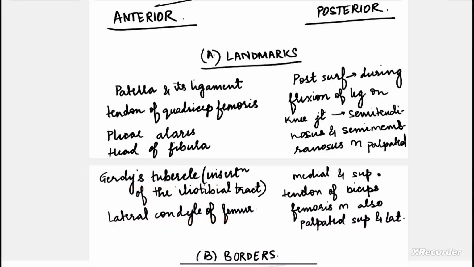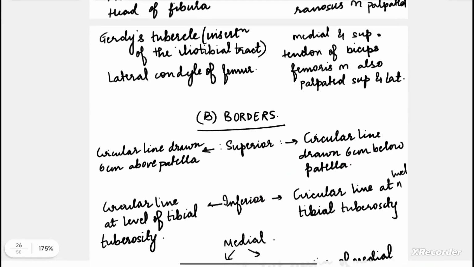Posteriorly, during flexion of the leg at the knee joint, semitendinosus and semimembranosus muscles are palpated medially and superiorly, and the tendon of biceps femoris muscle is palpated superiorly and laterally.